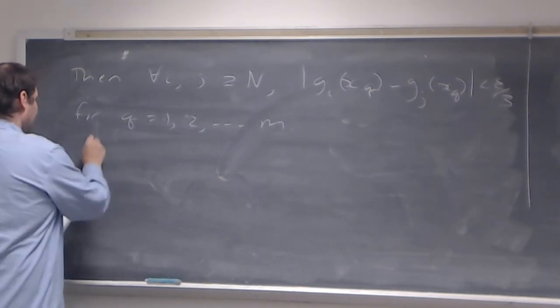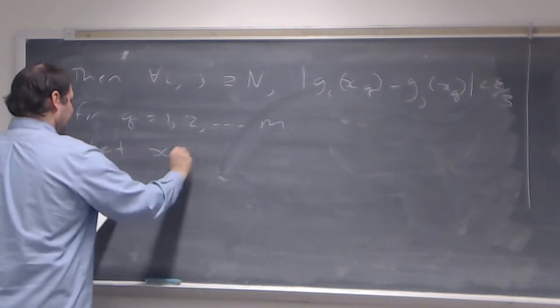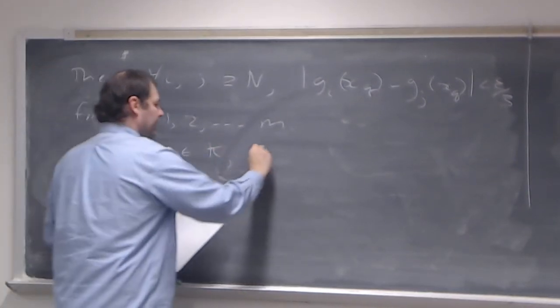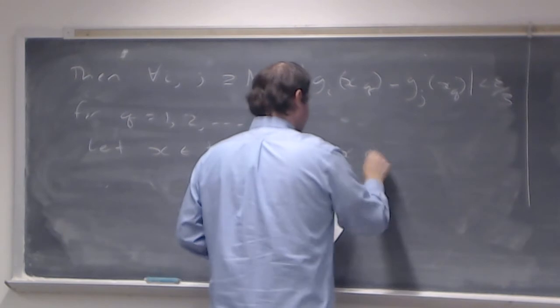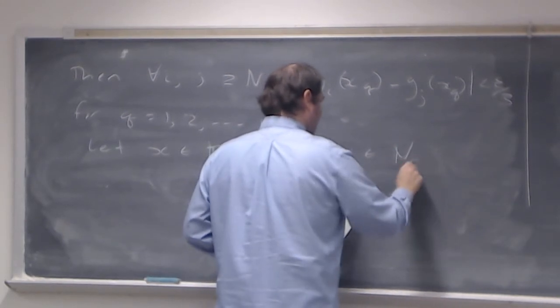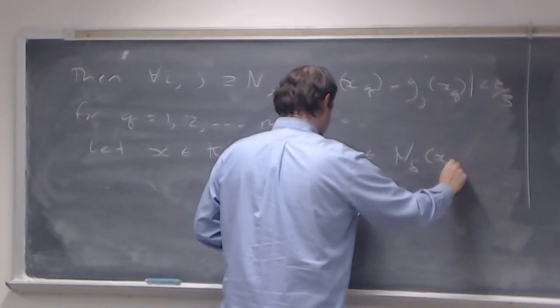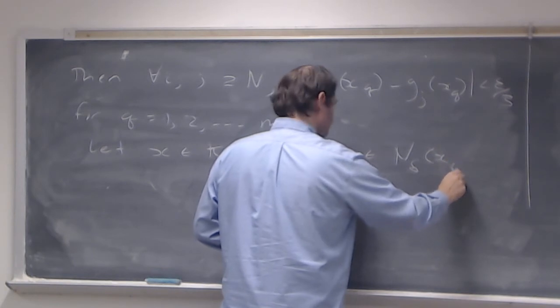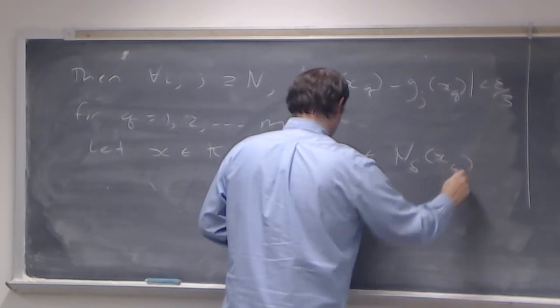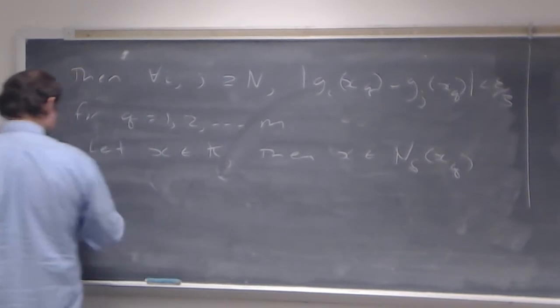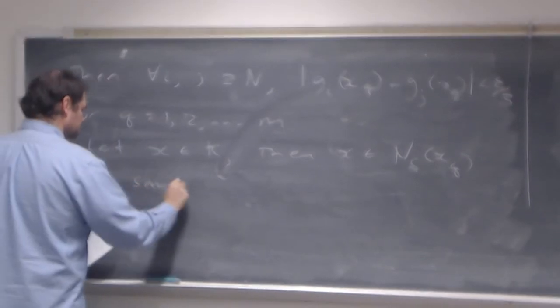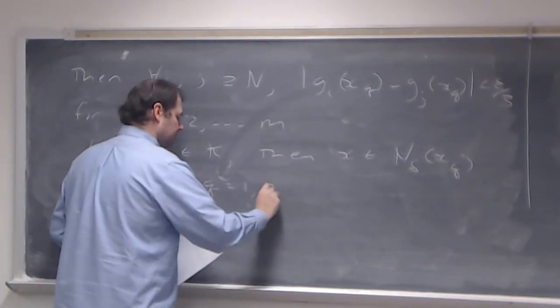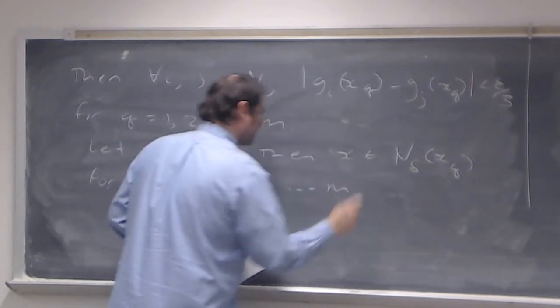So here we're going to let x be an element of K. Then what I know is that x is in one of these neighborhoods about an x sub q, for some q equaling 1, 2, all the way up to m.